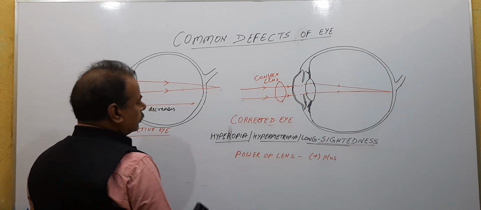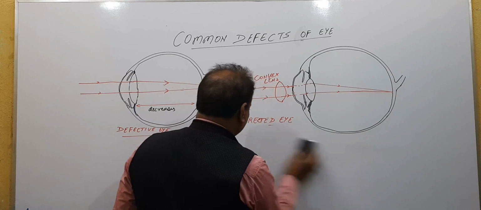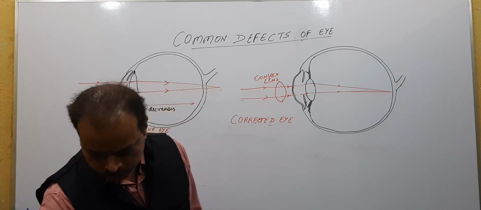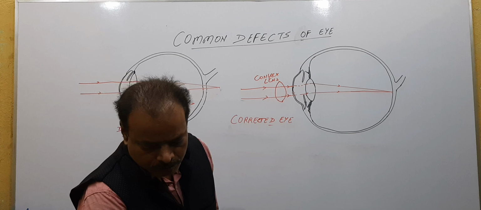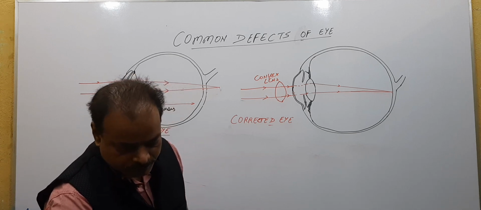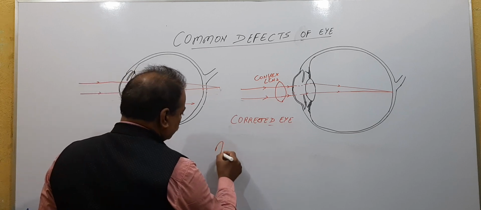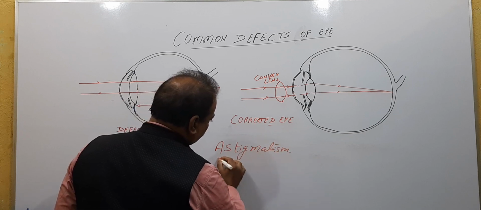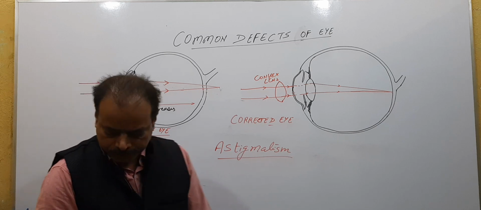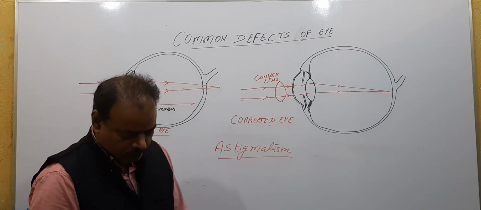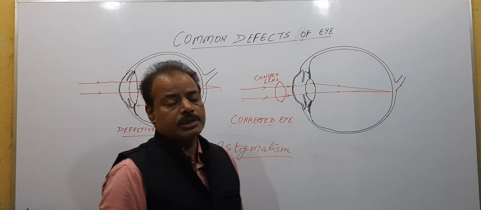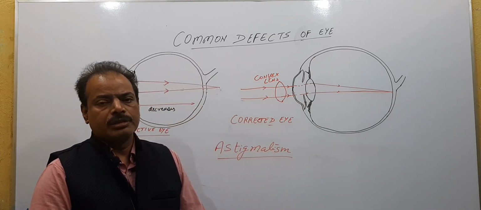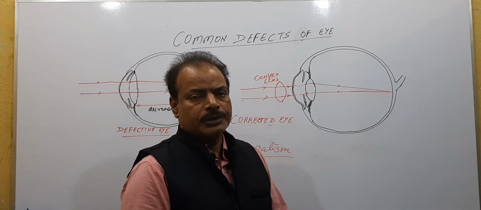Now the third one is astigmatism. Astigmatism is a condition in which a person can see some parts of objects clearly but the rest blurred.